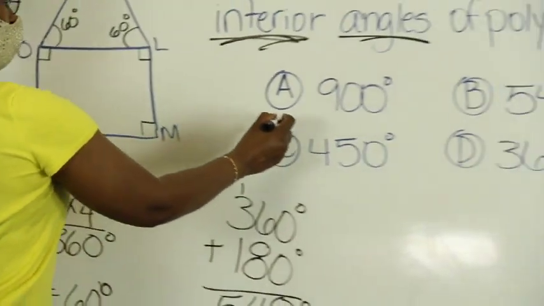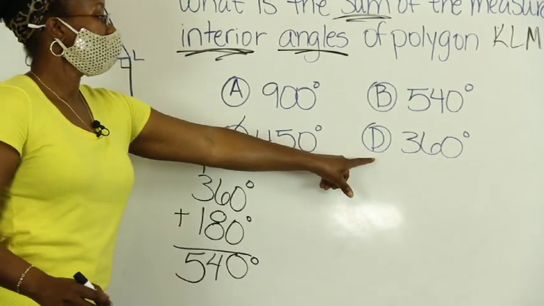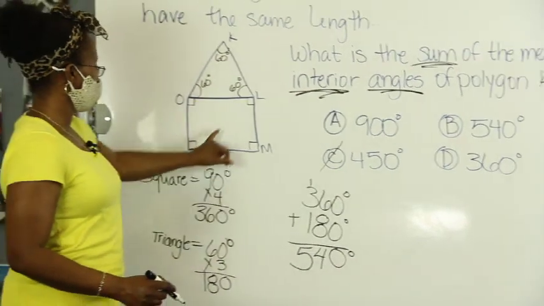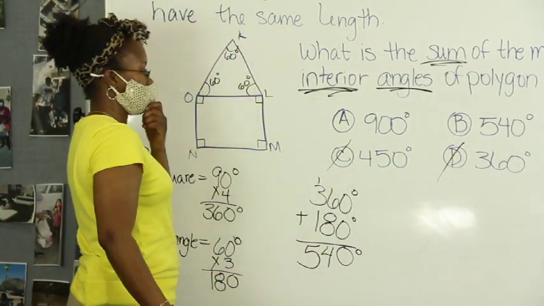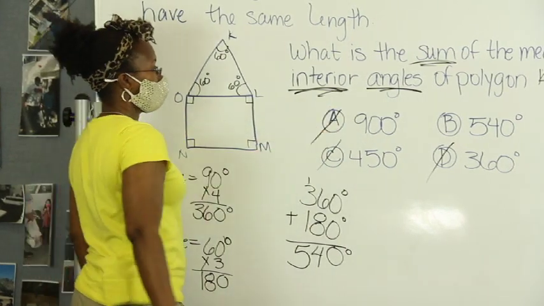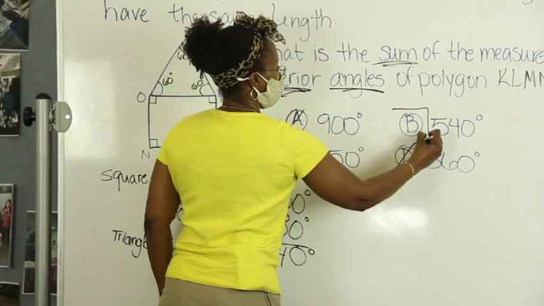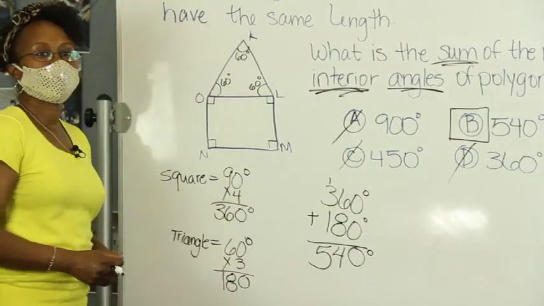So we're going to mark that one off. And we have 360, which would have just been the square, what we came up with. So we know it's not that one. And we're going to mark out 900 because that's way too big. So we're going to go with our answer of 540. That should be your answer.